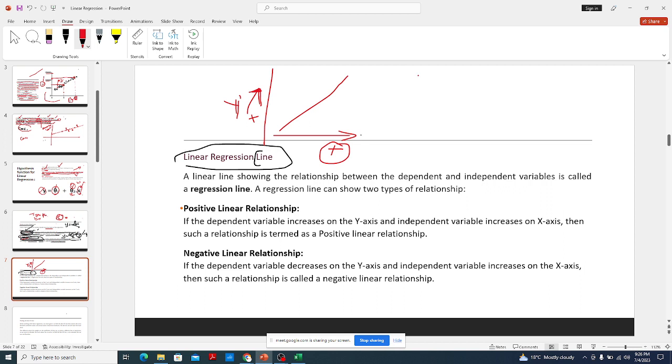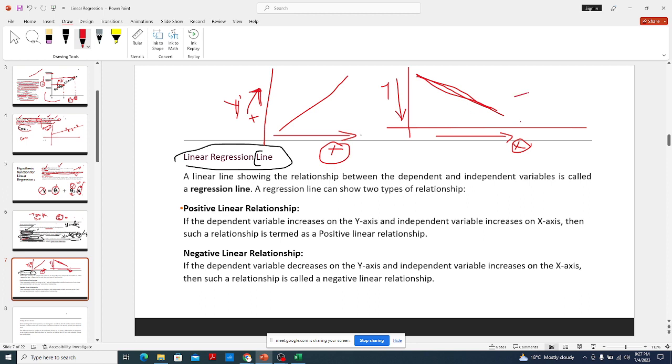What about if the regression line is negative? It is running from left to right, in this shape, meaning an increase in x value is triggering a decrease in y value.